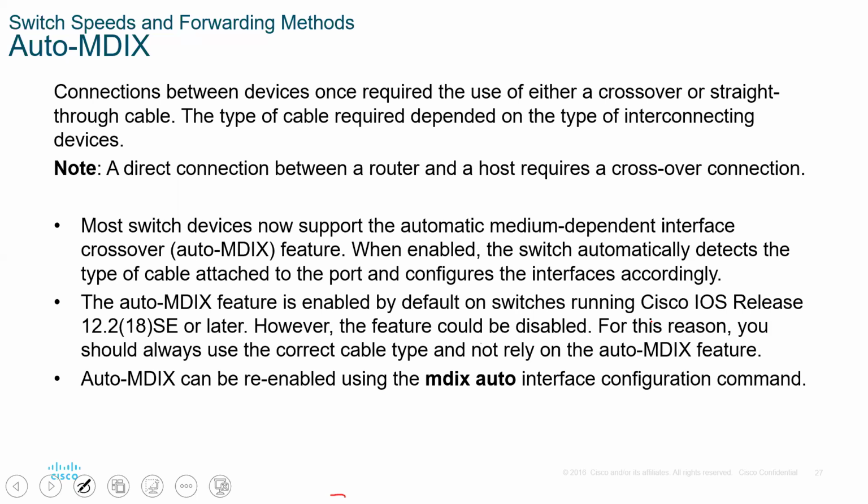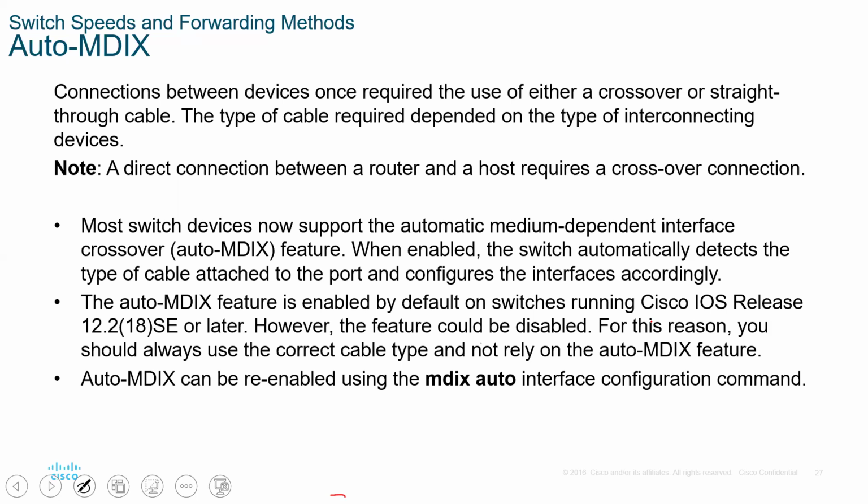Remember in our last class, or the previous class, we talked about crimping, straight through cables and crossover cables. We said that straight through cables are meant to connect unlike devices, while crossover cables are meant to connect like devices.